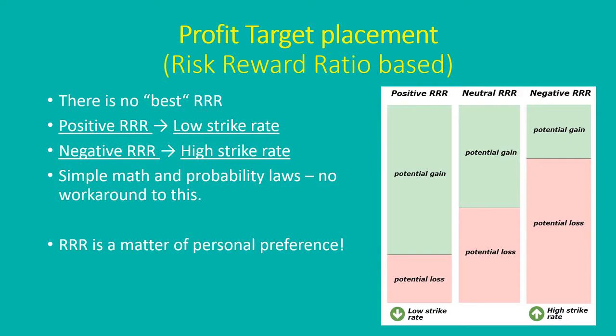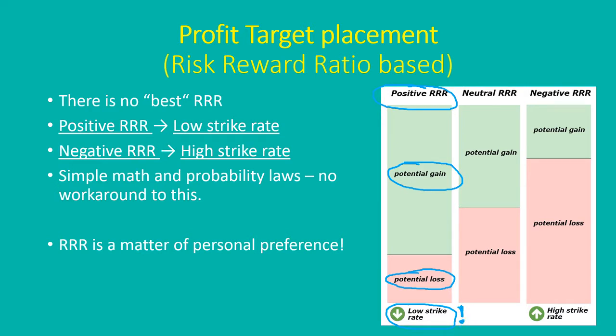Now one thing I need to mention is that there is no best risk-reward ratio. If you have positive risk-reward ratio, then you will have big potential gain, small potential loss, but you'll have low strike rate.